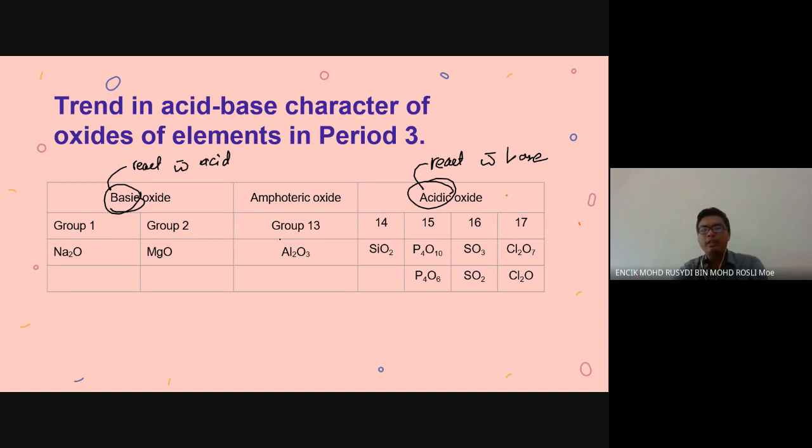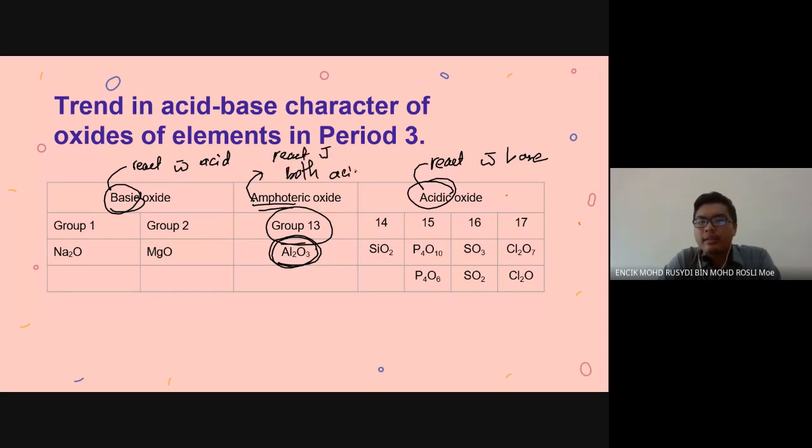But for group 13, ini satu-satunya grupnya ataupun elemen, dia punya compound dia, korang ingat aluminium oxide, Al2O3. So for this one, it has the character of amphoteric. Amphoteric meaning that it can react with both acid and base.